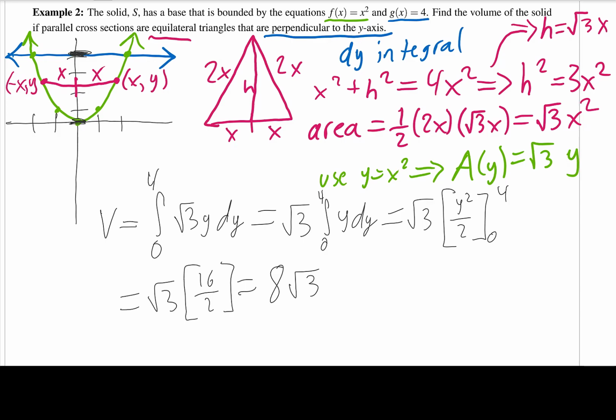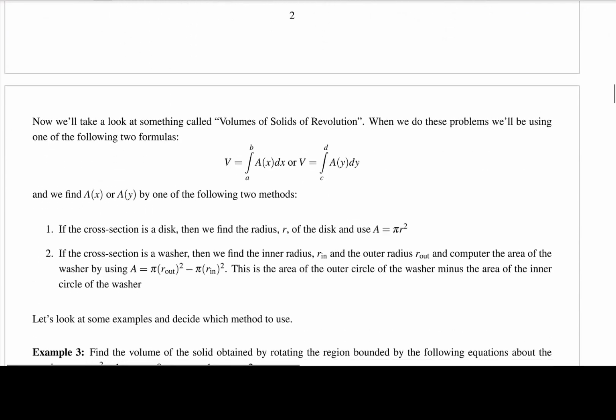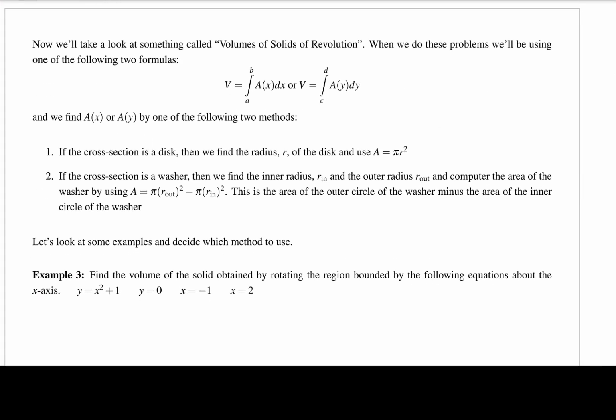All right. Now we're going to move on to our next problems, which are going to be done by finding volumes of solids of revolution. When we do this, we'll be using one of two formulas, right? So if we have a dx integral, we'll be using this one.